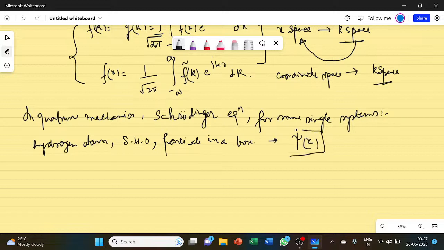So basically, you're writing a wave function, and this x is there. So I'll say that I'm writing the wave function in terms of the coordinate space. This is called coordinate space because I'm writing in terms of x. Or I can write psi of r if it is a three-dimensional problem.